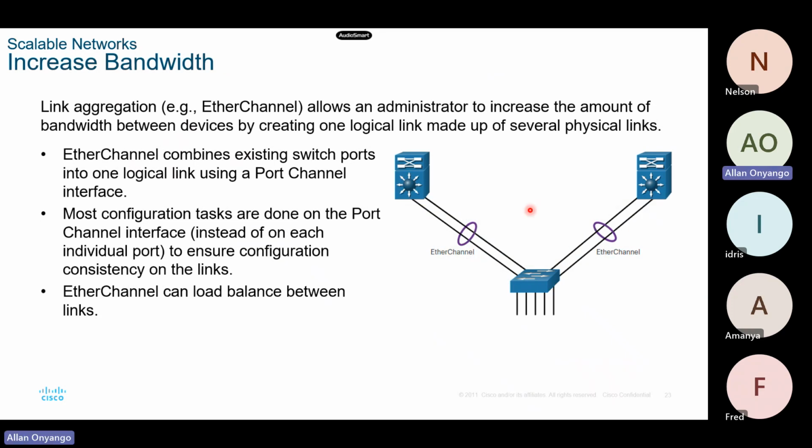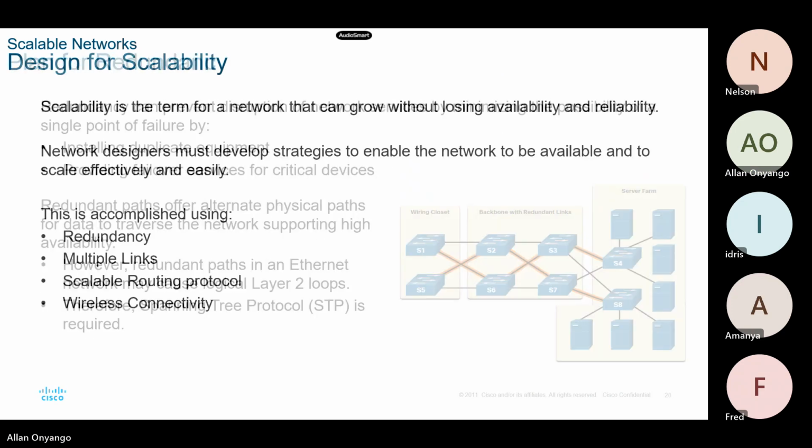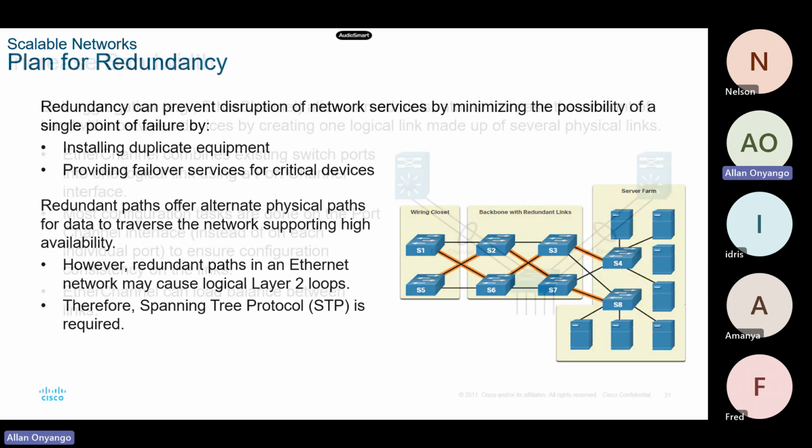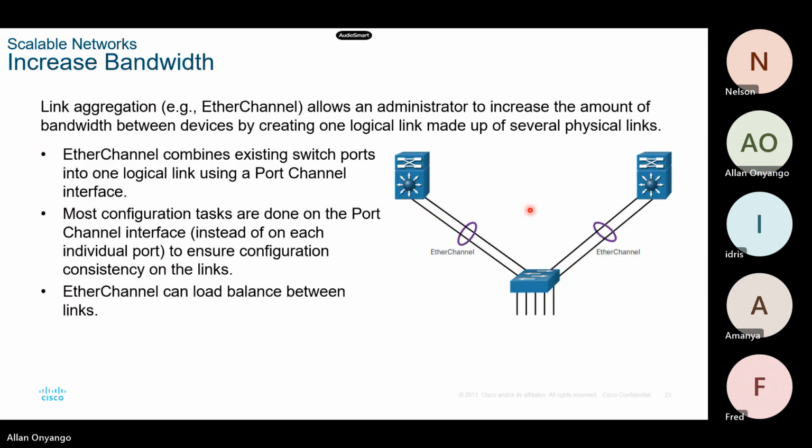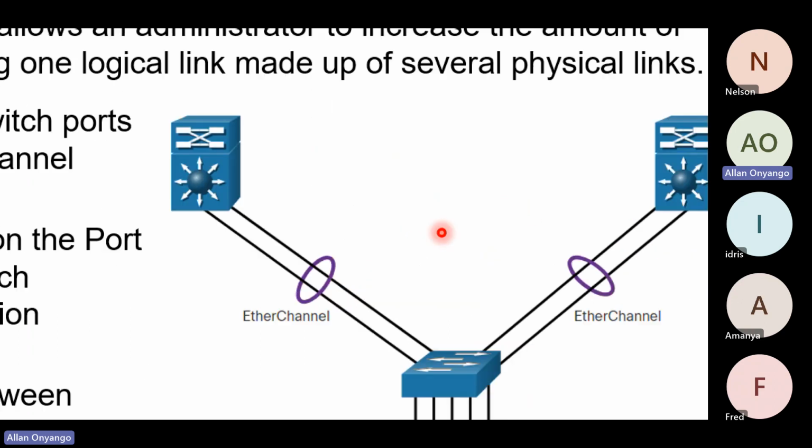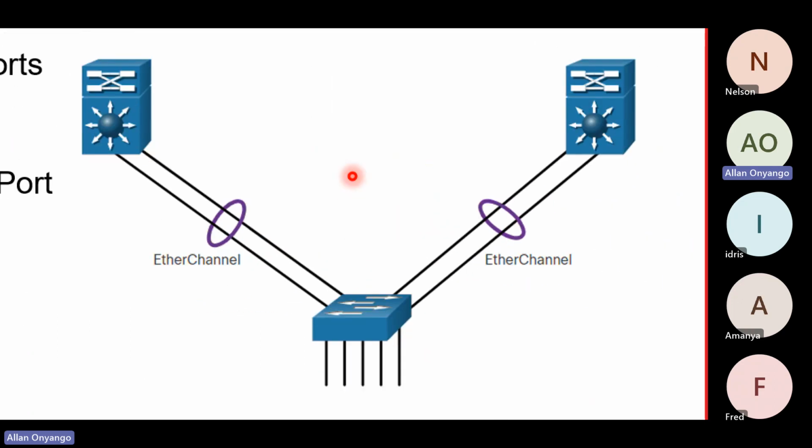The other way of ensuring scalability, of course, is increasing bandwidth between devices. And this is something we talked about in the topic called EtherChannels, whereby you bundle physical links. Let's say each of these links is 1 Gbps.